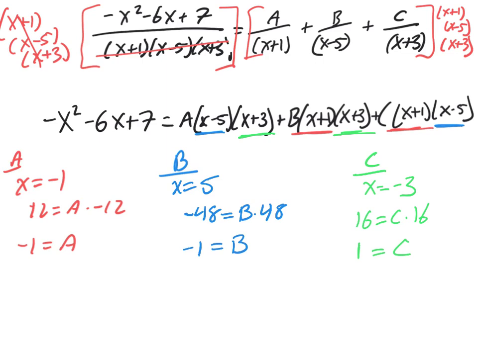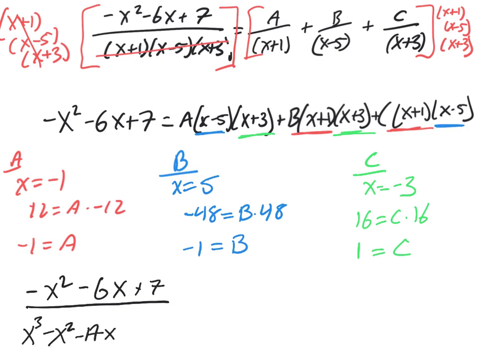All right. And then we're just about ready to finish. So we're going to take our original rational expression, with the non-factored denominator now, because we're writing our final answer. And we're going to write our constants in.